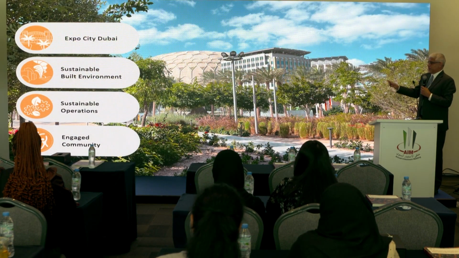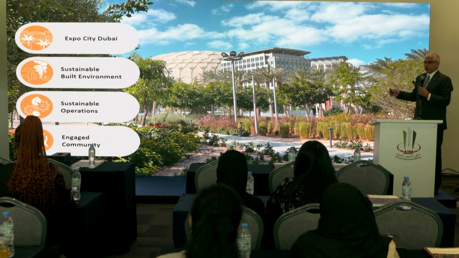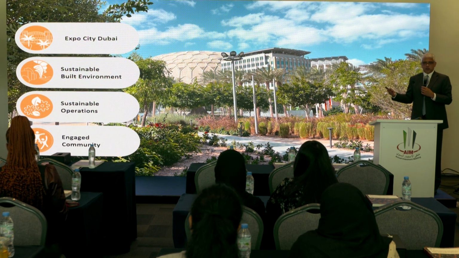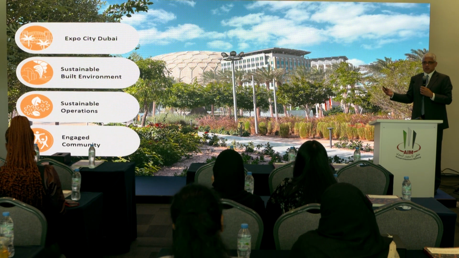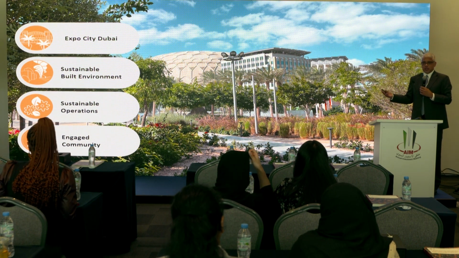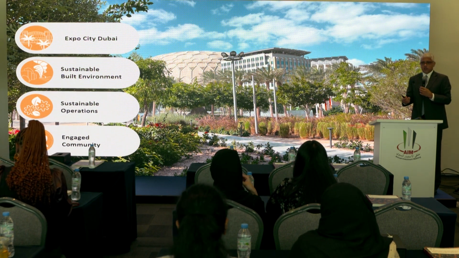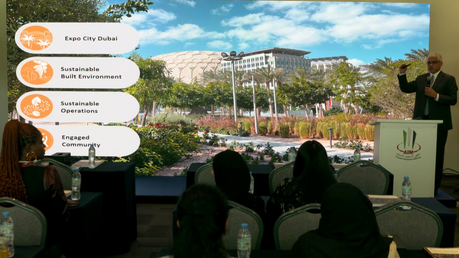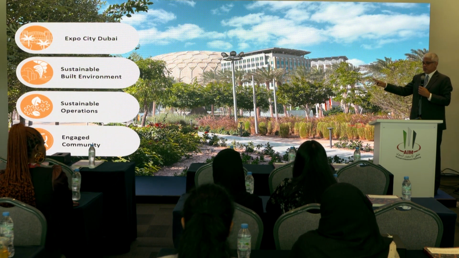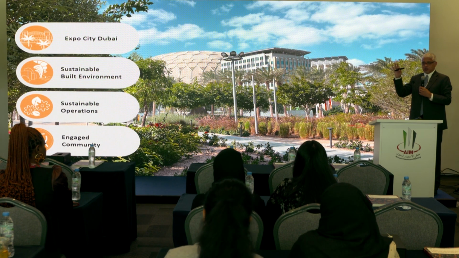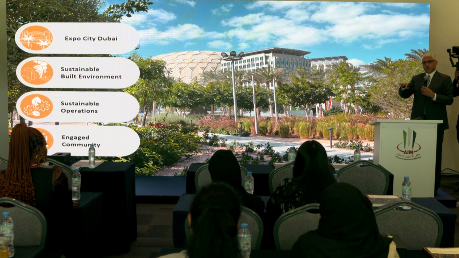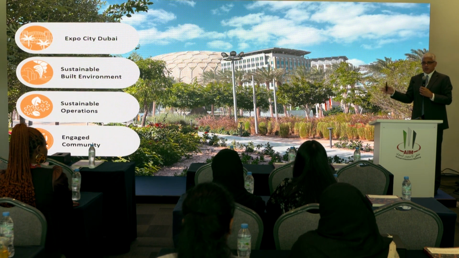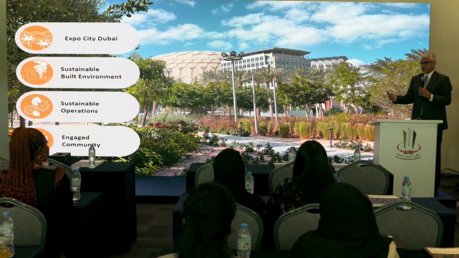And then finally, I'll stop here on this slide for just a few seconds to talk about how we apply these concepts to Expo City in developing an urban district that is trying to implement this integrated approach using the layers that Nadia talked about before and really looking at each of the layers. Our current work is basically looking at transitioning the site from what was the Expo event location to Expo City Dubai. And it was always designed as a future city, but now we're going through the process of actually implementing that.